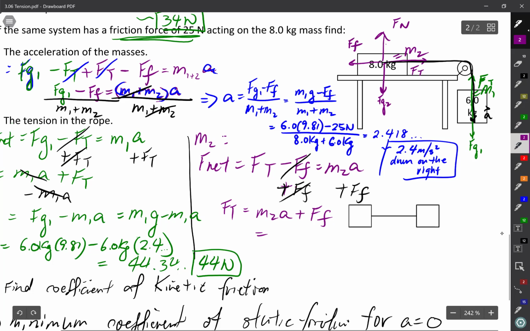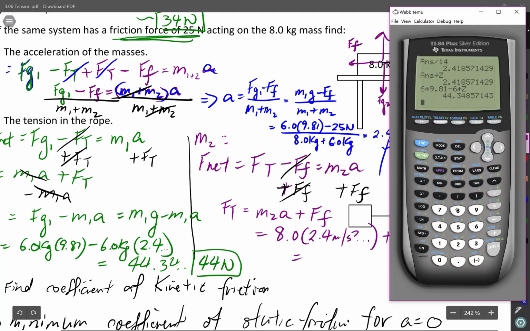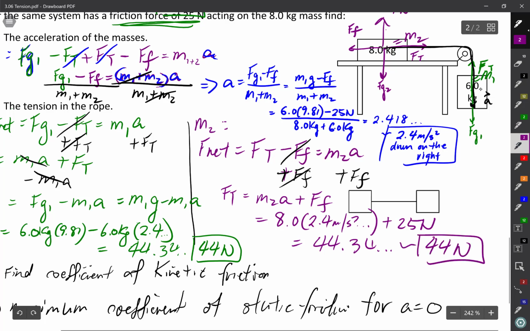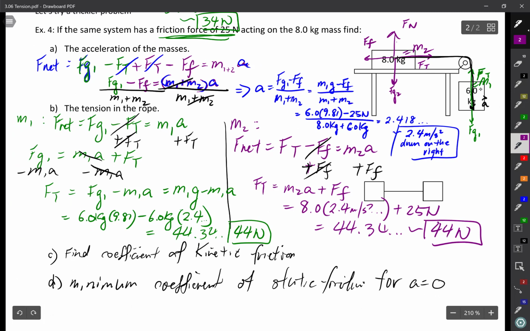We have M2, which is 8 times our acceleration, 2.4, plus our friction force, and 8 times our acceleration plus 25 should give us exactly 40.3485. That was exactly the same if you used the non-rounded value for your acceleration. So we got 44.34..., which rounds up to 44 newtons. Bam. Okay. So here we have the tension.